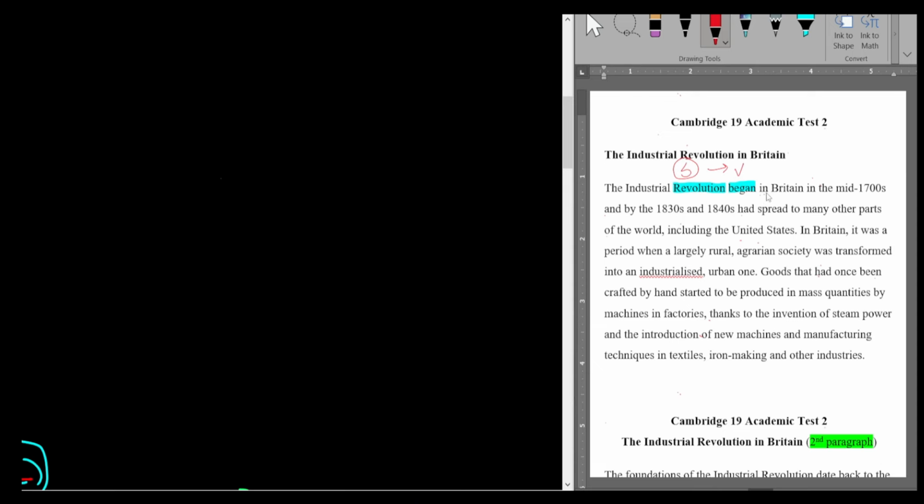After that we get a preposition and a noun, "in Britain". We are not considering it for the initial stage or for our main idea. "In the mid 1770s" is also a preposition and the article "the", and after that we get "1770s".